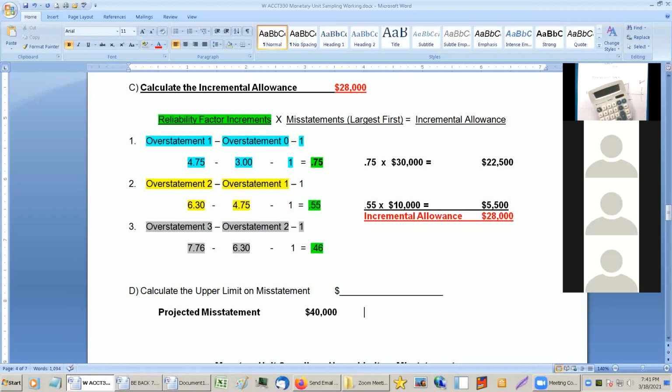And this is our best estimate as far as what it's off by. Best estimate of this statement. Okay.